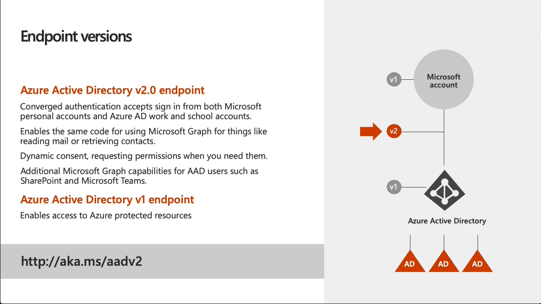One of the scenarios is that in the V1 endpoint, Azure AD only supported the Azure Active Directory authentication. It did not support any other styles of authentication. And so what that meant is that if the user was logging in with a personal account or consumer account, also known as a Microsoft account, and they wanted to access things like their OneDrive consumer account or their Outlook.com account, our application would have to know what kind of account they were signing in with, and we would have to send them to a whole different authentication model.